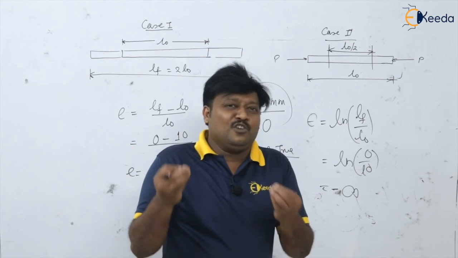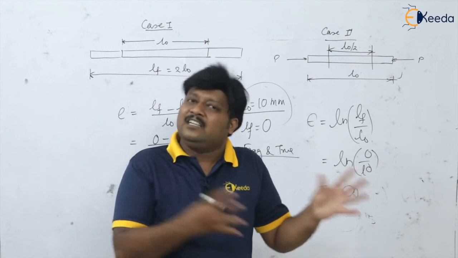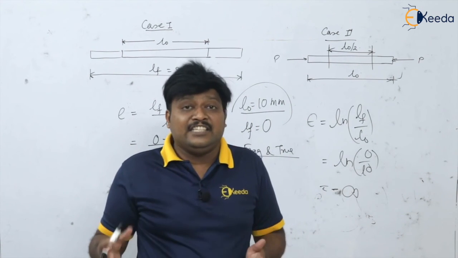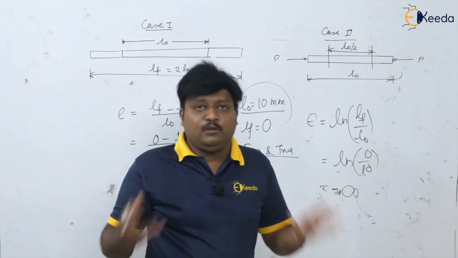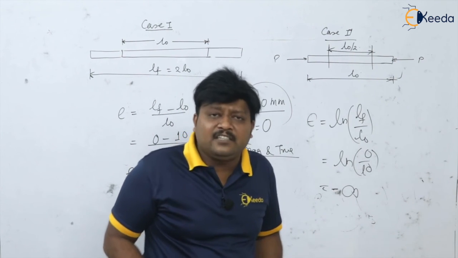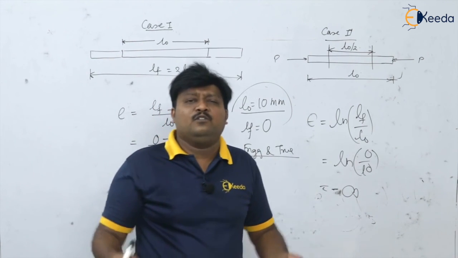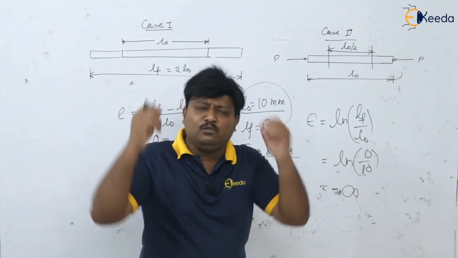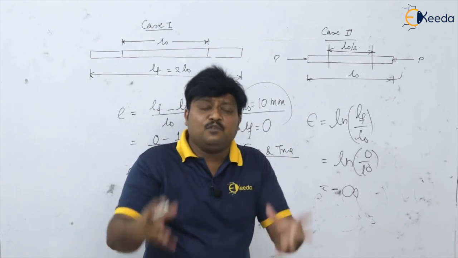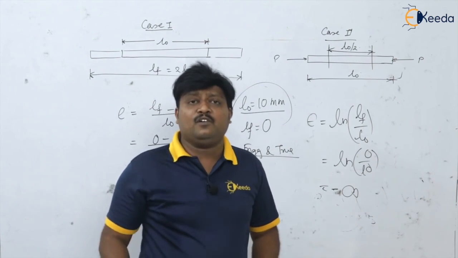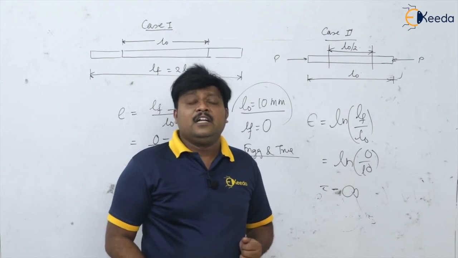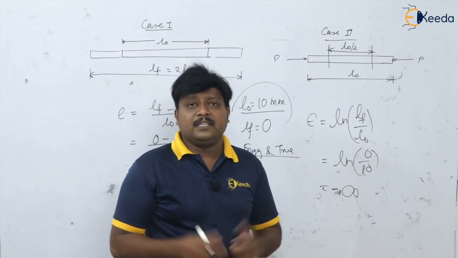At smaller values of strains, you can take either true or engineering strain. But why do we take true strain in metal forming? Because we are going to have tremendous deformation. We are going to apply tremendous force, and utilize tremendous power for deforming the materials, isn't it?